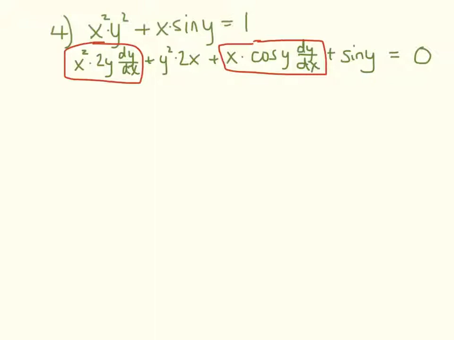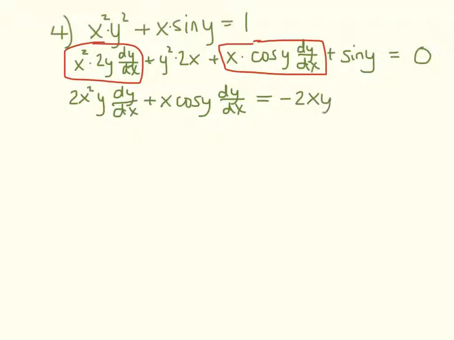I'm going to move the other stuff to the other side. So I'm going to write this as 2x squared y dy/dx plus x cos y dy/dx equals, and now, like I said, the stuff gets moved to the other side. So I'd have negative 2xy squared minus sine y.